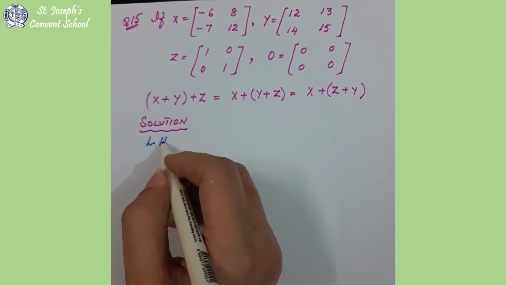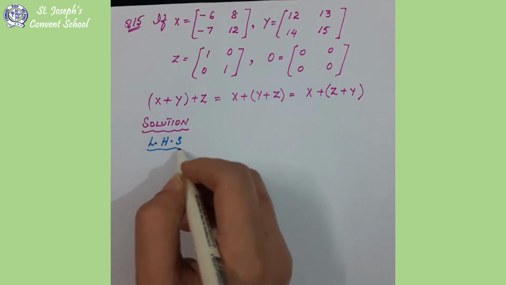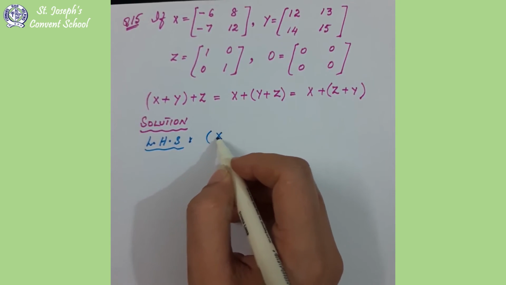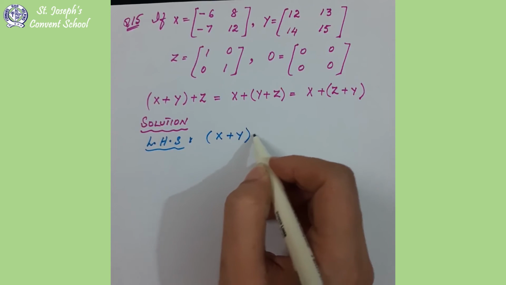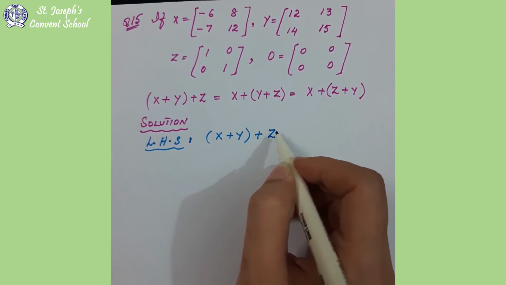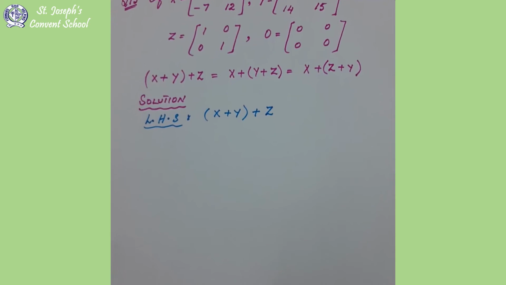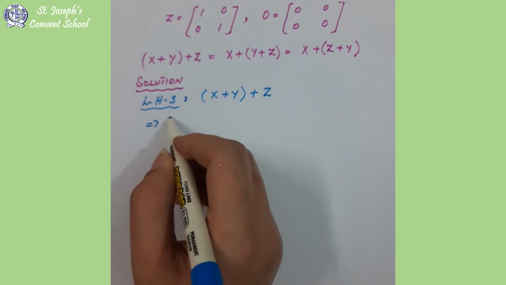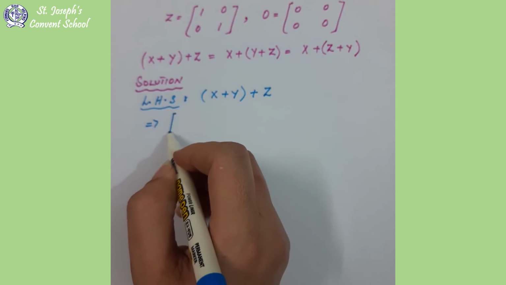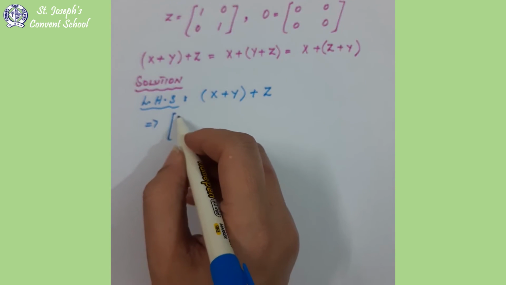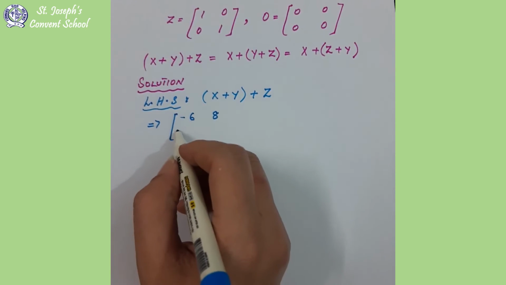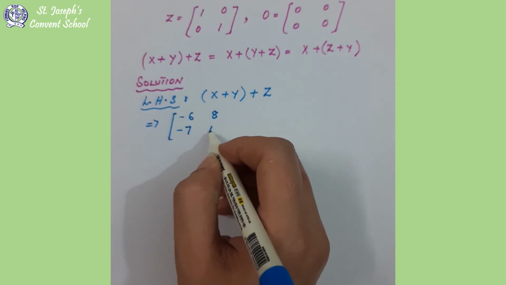Left hand side is (X plus Y) plus Z. Okay, first we'll find the answer of this one. Okay, X plus Y, so matrix X is -6, 8, -7 and 12.